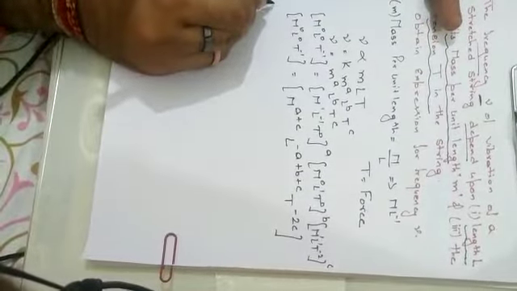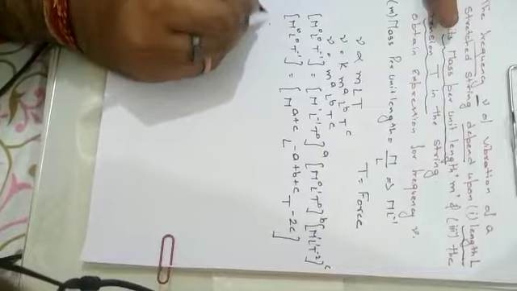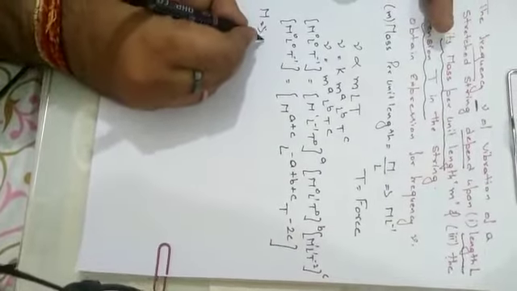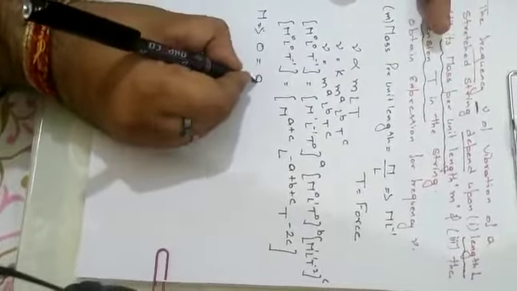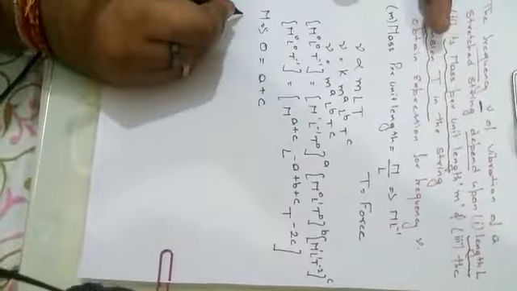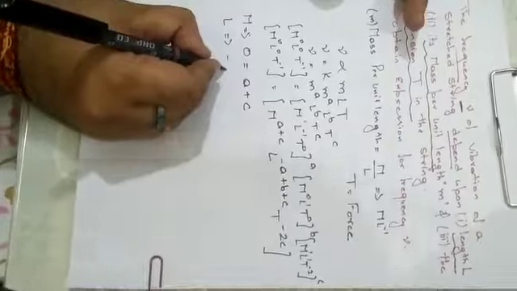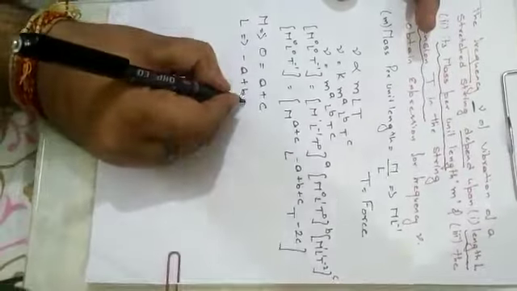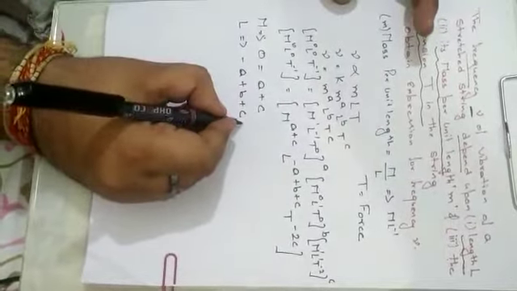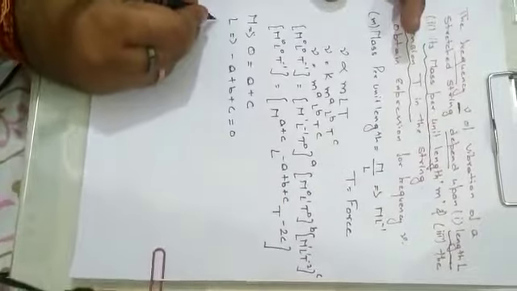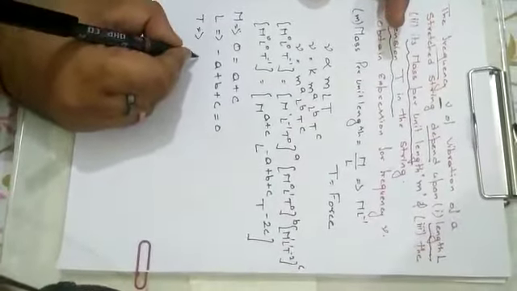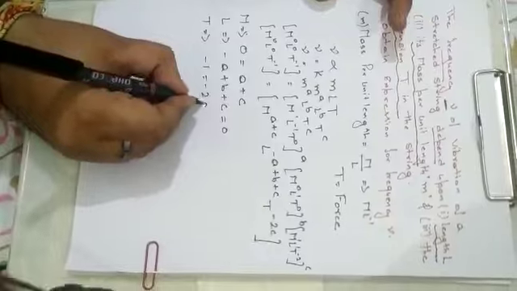Next step, equating powers. So first is M^0 is equal to a + c, L is -a + b + c equal to 0, T is equal to -1 = -2c.